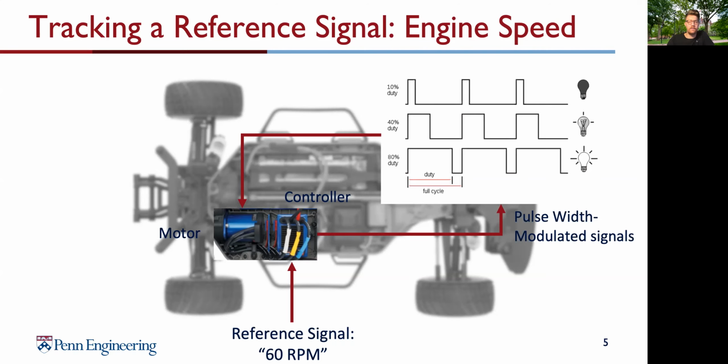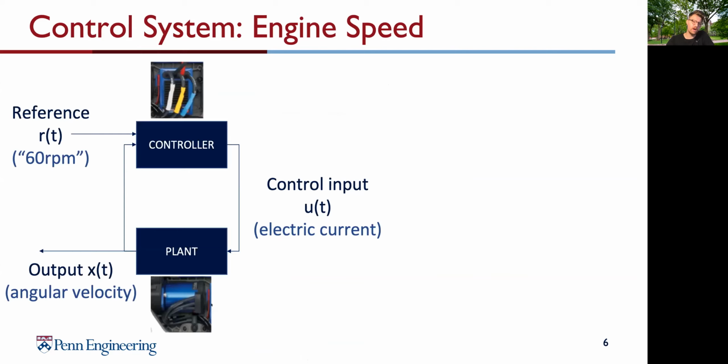If we are in the field of control systems and control engineering, we will describe it a little bit differently with our control system here. Again, we have our reference signal, which we call r(t), with 60 RPM here. This signal is going inside our controller.